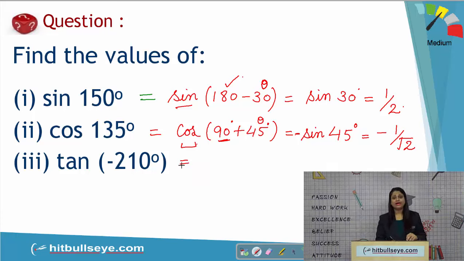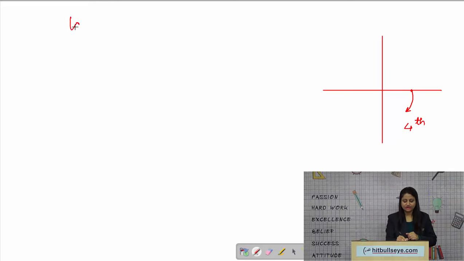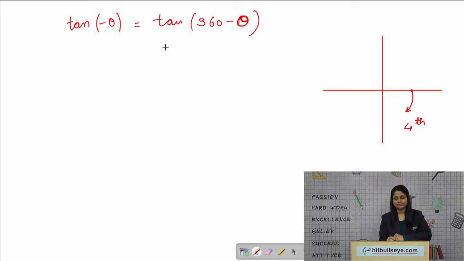Now tan of minus 210. What do you mean by minus 210? Let us see. Initially you are here. If you take minus 210, you will come to the fourth quadrant. So tan of minus theta is nothing but tan of 360 minus theta. Now you can apply the same angle conversion here.